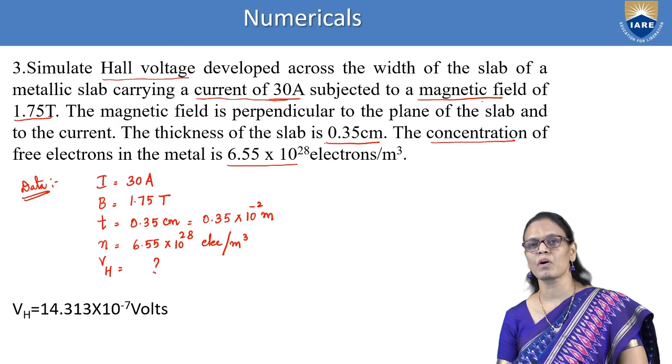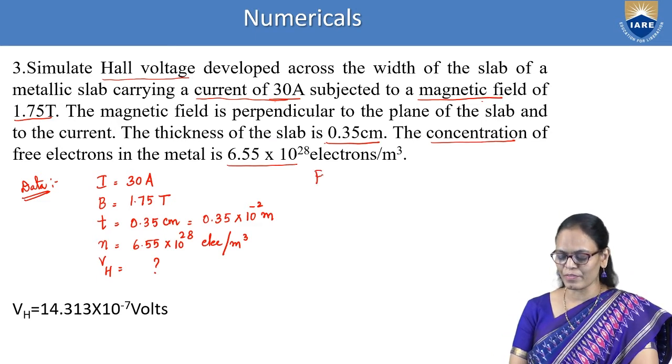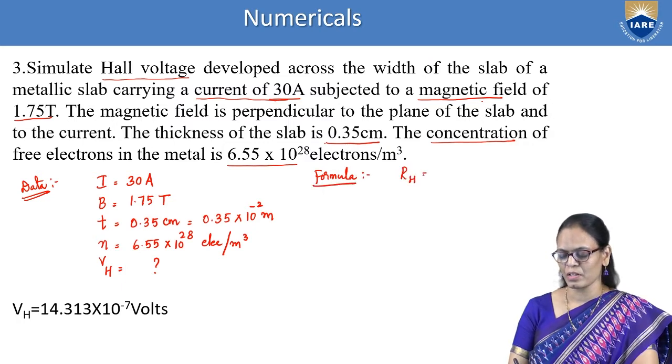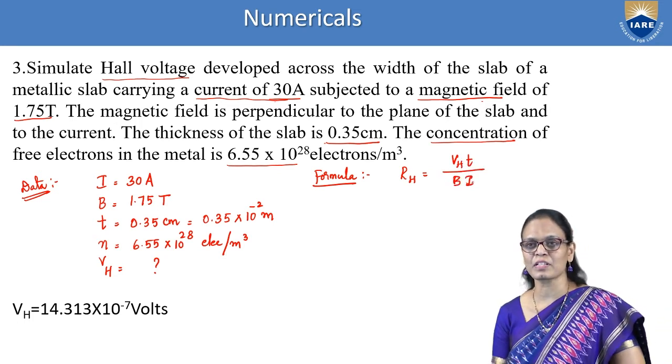VH is equal to how much? So what is the formula we are going to use? We have the formula RH is equal to VH into T upon B into I. We have already derived this expression.